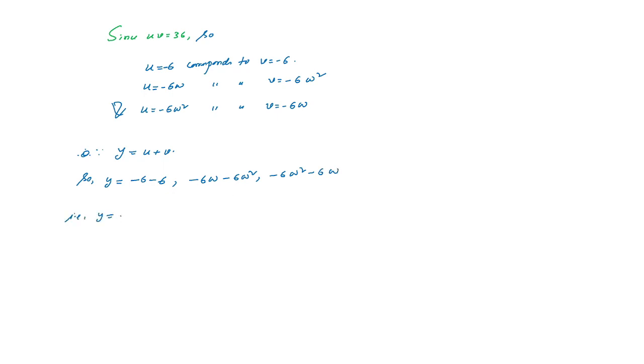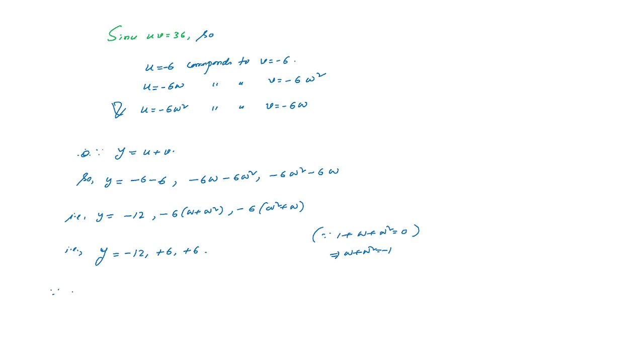So that is minus 12, minus 6 times omega plus omega square, minus 6 times omega square plus omega. And you know 1 plus omega plus omega square equals 0, as omega is an imaginary cube root of unity. So y equals minus 12 plus 6 plus 6. Why? Because omega plus omega square equals minus 1. Just put the value and you will get it.